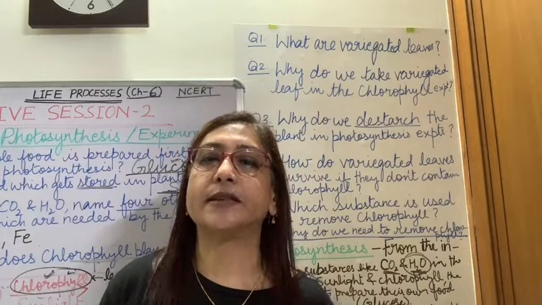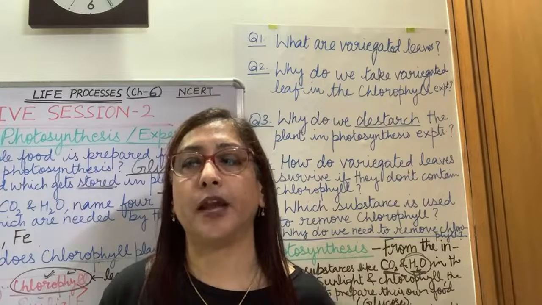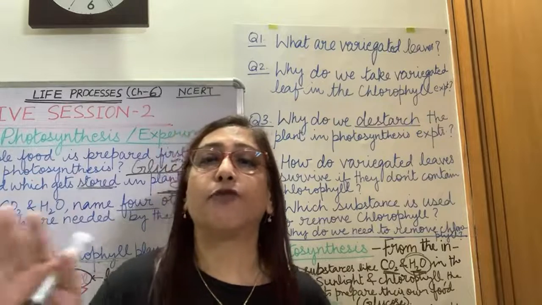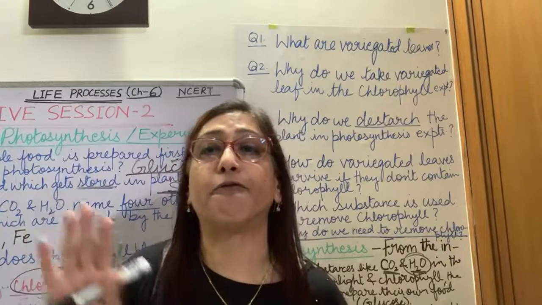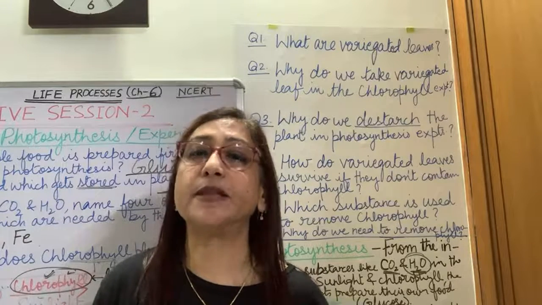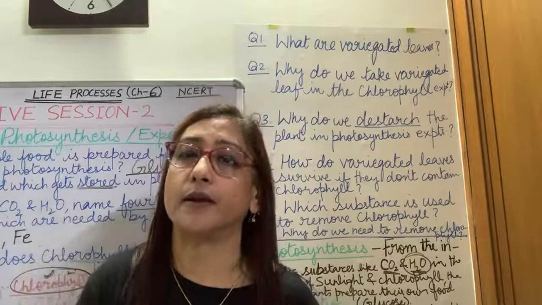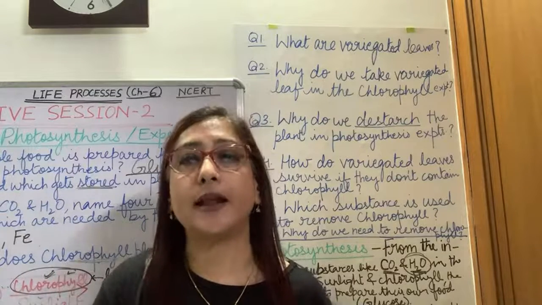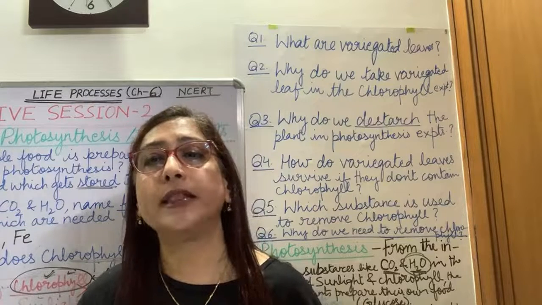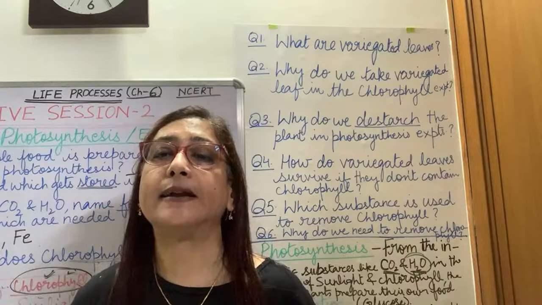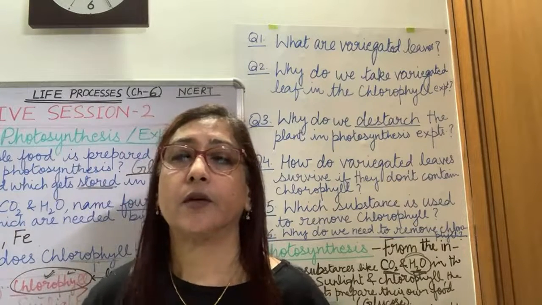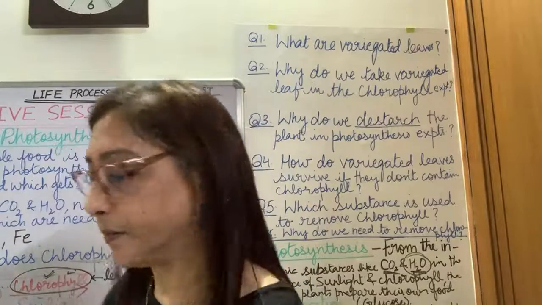So for that reason, we had de-starched the plant by keeping it dark, and later on again we kept it in the sunlight so that the photosynthesis can take place afresh. Afresh means from a new start. It can take place from a new start, and then we can follow all the steps which go on in the photosynthetic process, so that our experiment goes correct, right? So this is the reason.